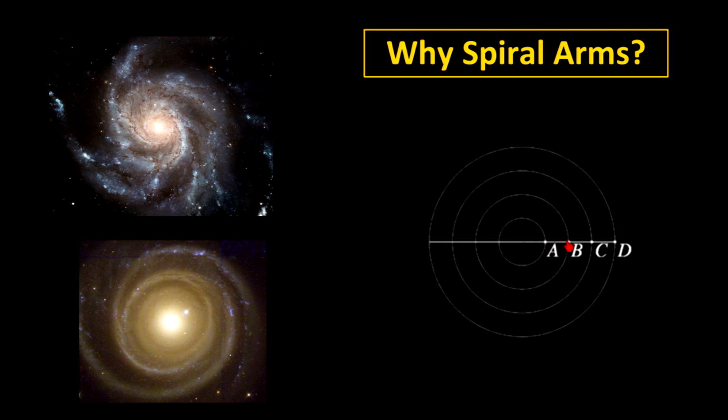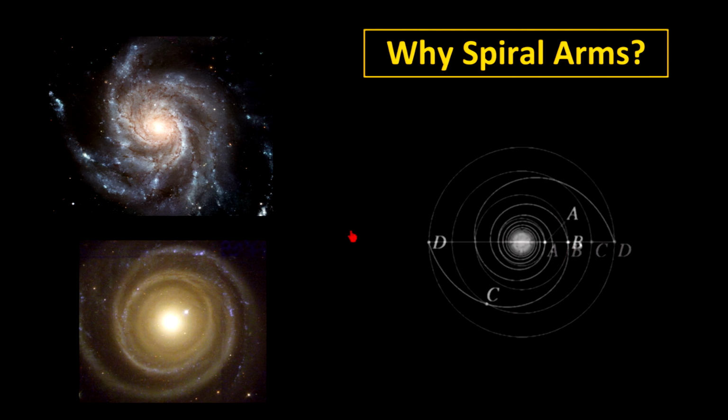Let's say we had four different stars, lettered A, B, C, and D, and each of these stars is going to move around in the circle that you see here. So essentially these are the orbits of each of these stars. Now, if star A moves the fastest, and then star B moves slower, and star C moves yet slower, and D is the slowest, when we let them start to move, their different speeds would trace out what we would expect to be a spiral shape.